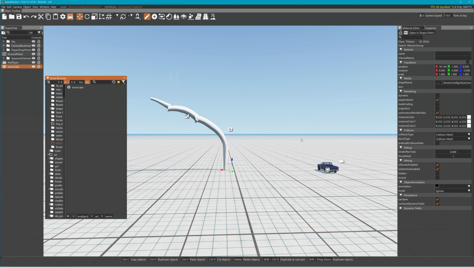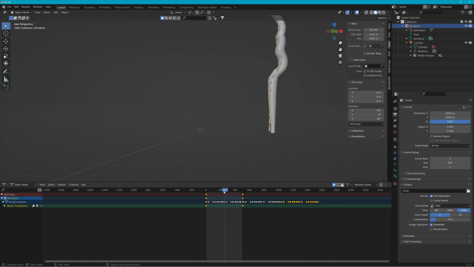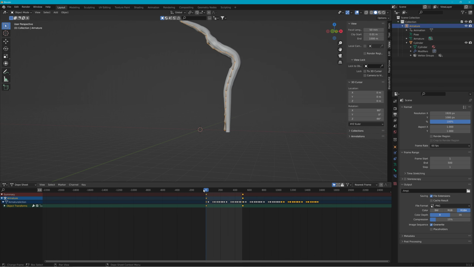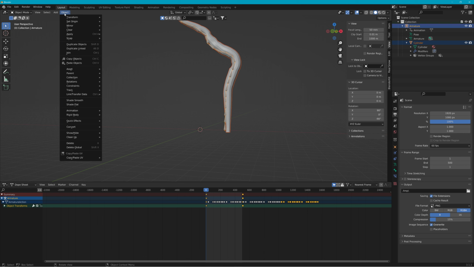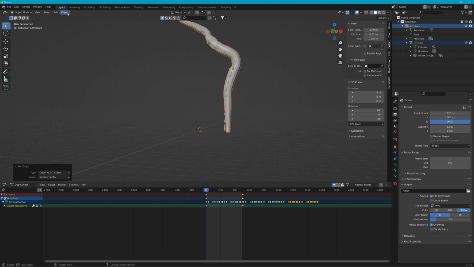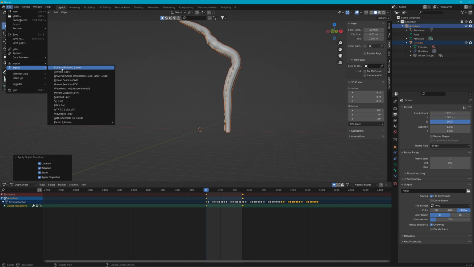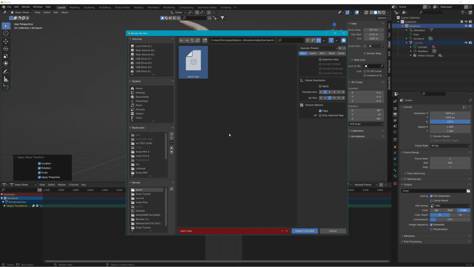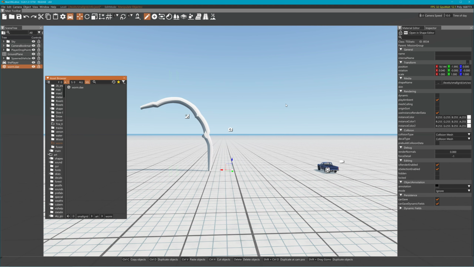We get taffy. It's not matching that. It's twisting beyond that. So let us try to set the origin to the 3D cursor, all transforms. I'm going to do all the set origins, try and see all three, see if any of them make a difference.